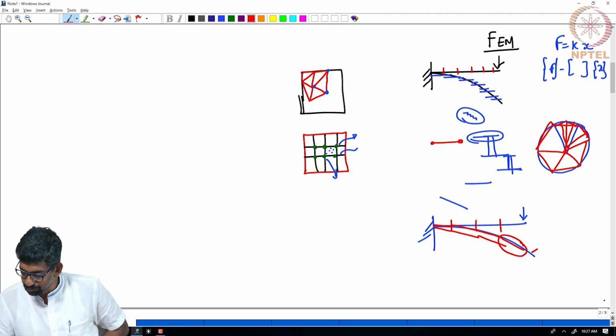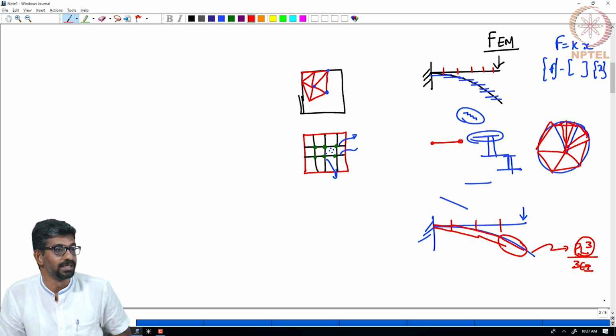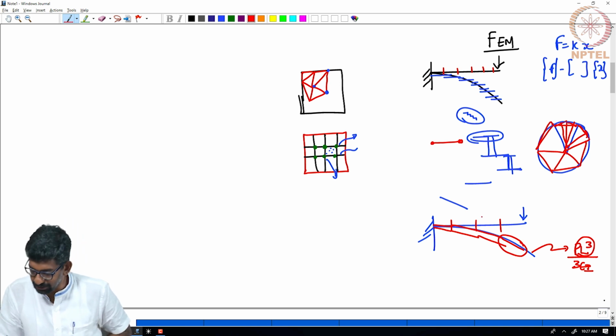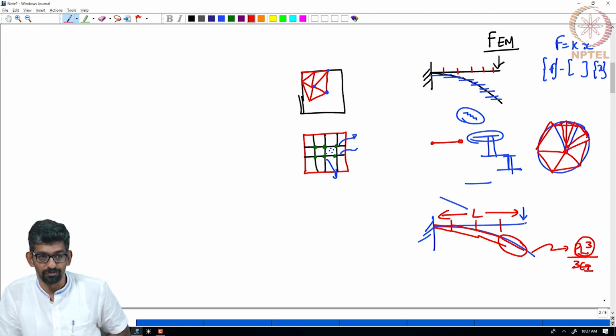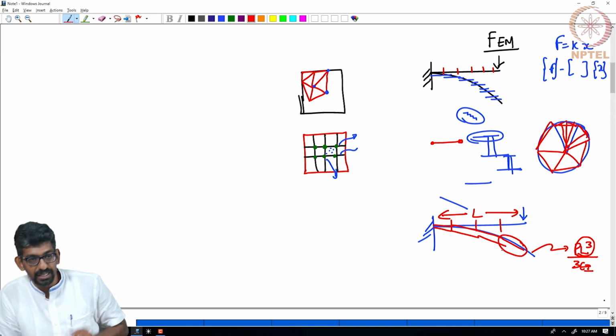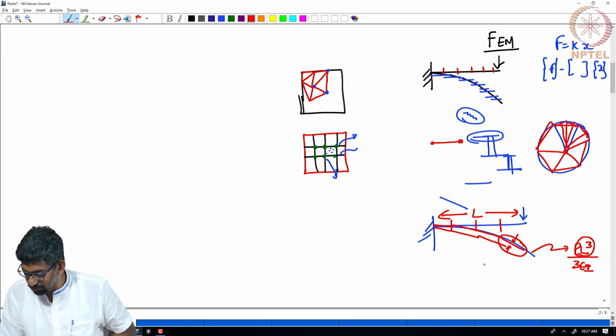Why? Because this guy is PL cube over 3I. He is a cubic. What am I doing? I am trying to represent that guy using a linear line. It is varying, this is the L. So, L1, L2, L3, L4. L4 is still varying in a linear sense for me. So, I might still get this error. If I keep zooming, that error will be large actually.